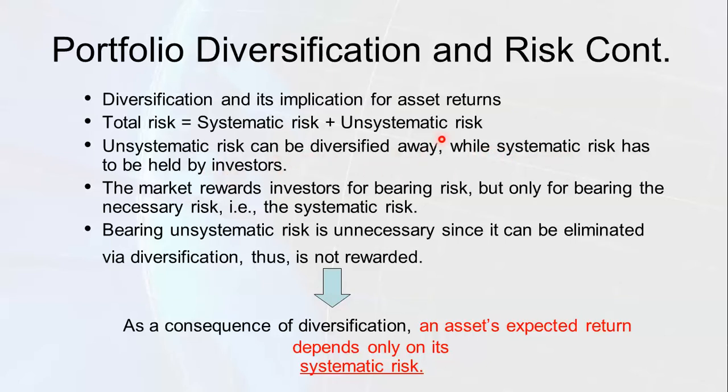They can eliminate the unsystematic risk by having a portfolio. Therefore, the market rewards investors for bearing only systematic risk. Unsystematic risk is not relevant because it is diversified away. Therefore, as a result of diversification, an asset's expected return depends only on its systematic risk.